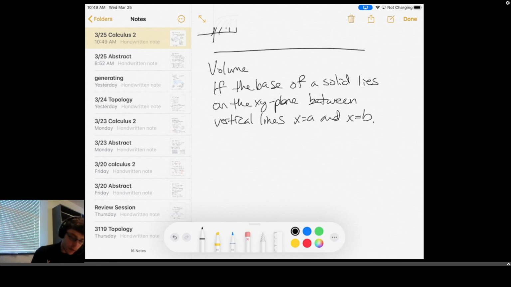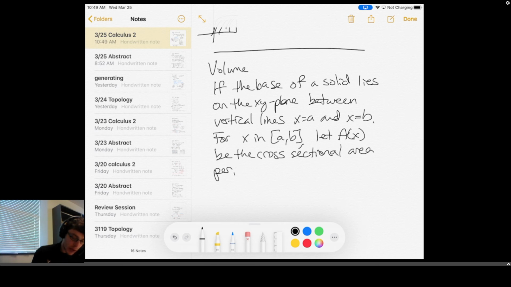Okay, and then for x in this interval, let A of x be the cross-sectional area perpendicular to the base. Perpendicular to the base. So we'll draw a picture here in a second.